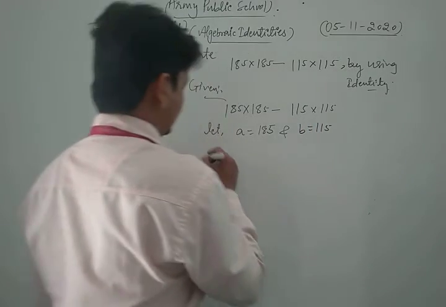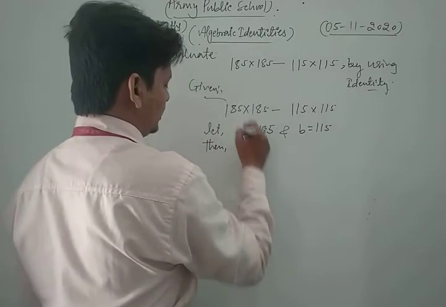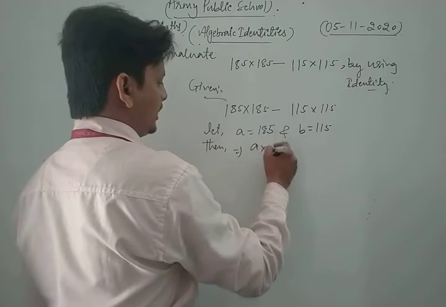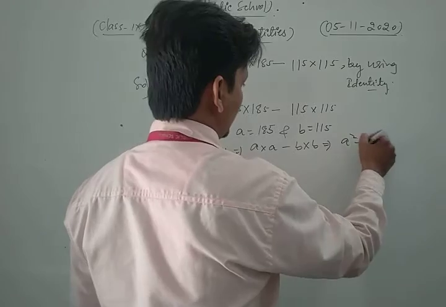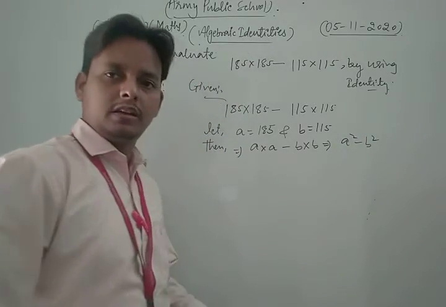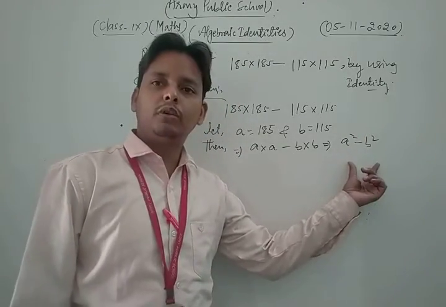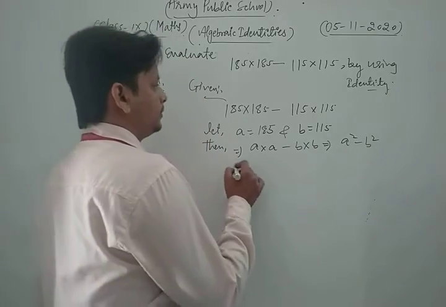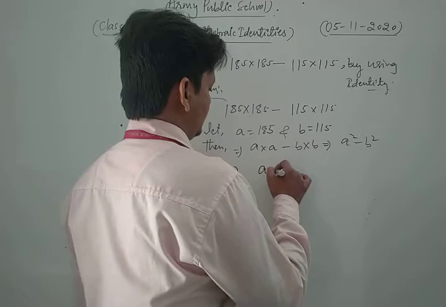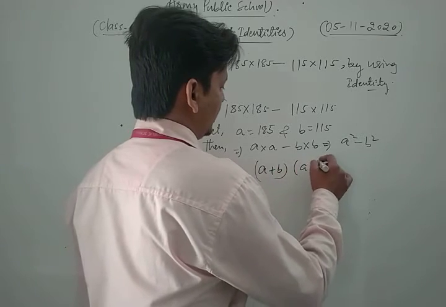Then this is a into a minus b into b, that is a square minus b square. And we know that the value of a square minus b square is a plus b into a minus b. So we write a plus b into a minus b.